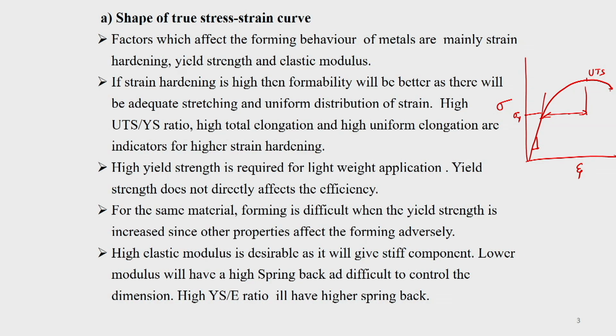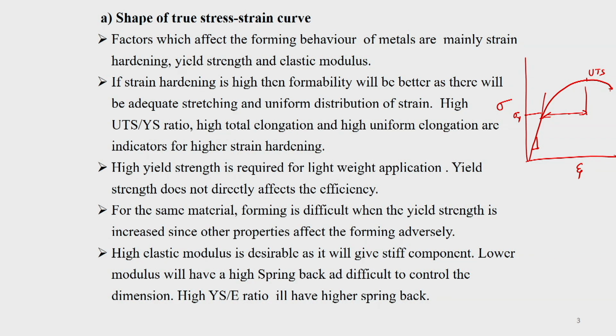These are all indicators of higher work hardening or strain hardening. Now, high yield strength is required mainly for lightweight application, because with the advent of new materials, people are just looking at lightweight application, that means high strength to weight ratio materials, especially where light metals like aluminum and magnesium alloys are coming into picture, or titanium also to some extent.